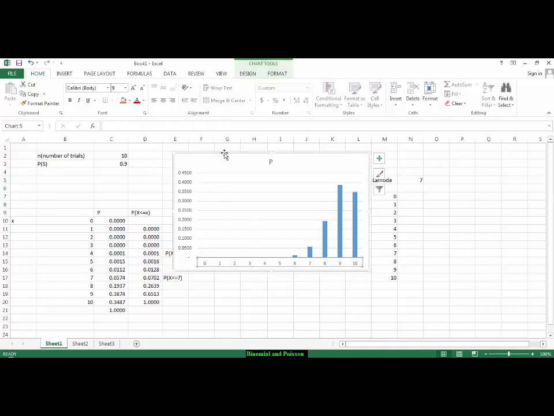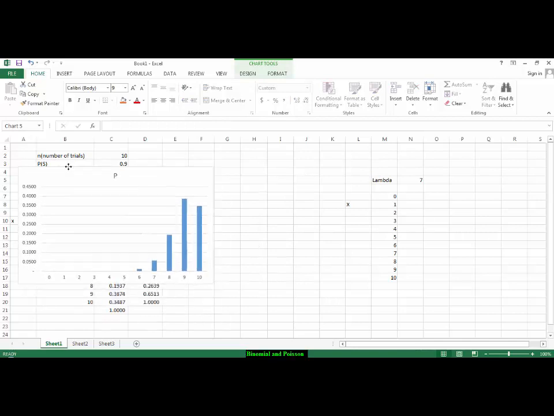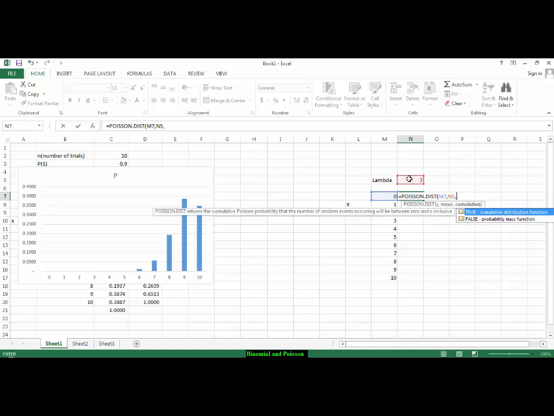Okay? So now let's do the same calculations for the Poisson distribution. So the Poisson distribution has only one parameter, that's the lambda. So I'll type POISSON.DIST, and I'll choose my x here, and I'll get my mean, and again I'll put 0 to find the probabilities for exact values.